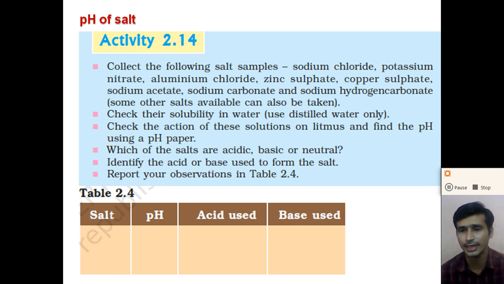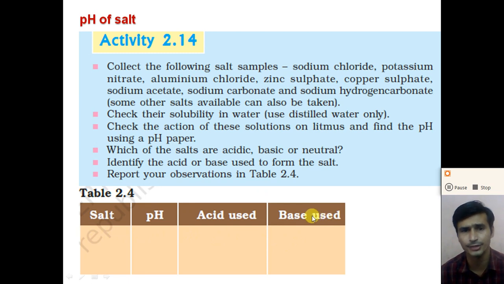And try to identify all the salts given in this collection, right? Sodium chloride, potassium nitrate, ammonium chloride, zinc sulfate, are they acidic or basic in property, and write this down in the table, right?